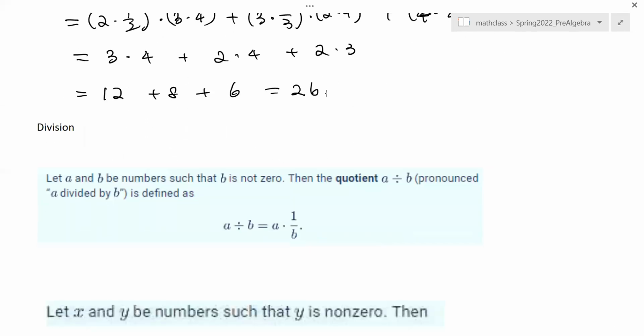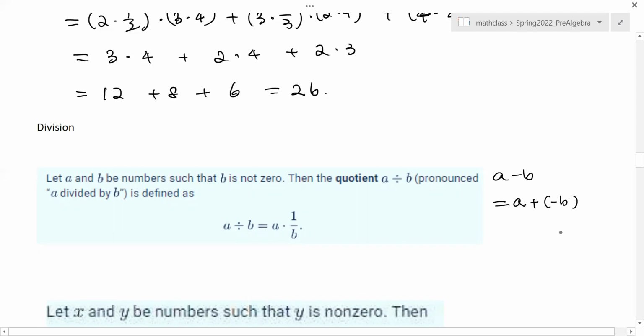Now, the motivation to introduce the reciprocal is that we want to define division, the quotient a divided by b. Compare this to how we define a minus b: we define a minus b as a plus negative b. We define the plus first; plus is associative and commutative. Then we define negative b. Then a minus b is defined to be a plus negative b.